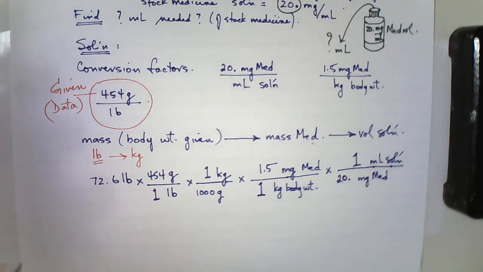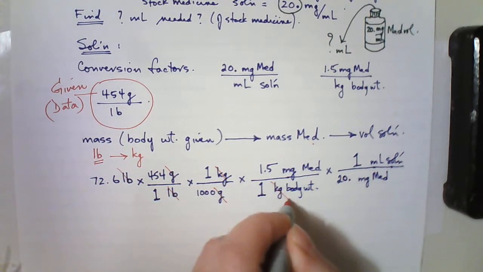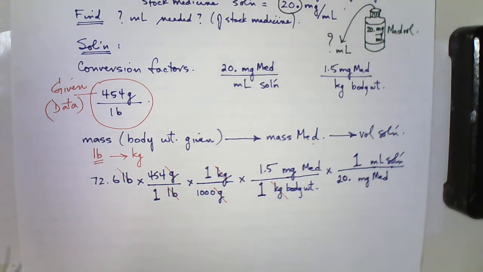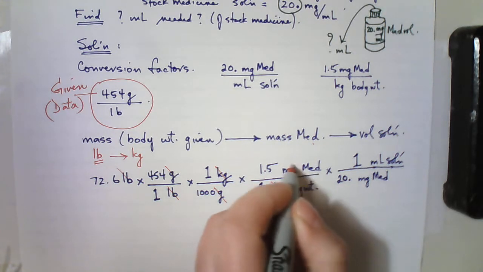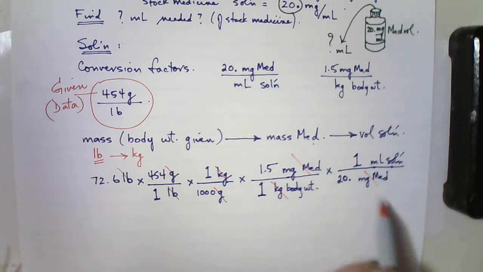So here we go. I can cancel pounds, grams, and kilograms, and that was all body weight. Okay, apples and apples. And then milligrams of Medrol to milligrams of Medrol canceled there, and I'm left with milliliters of solution.